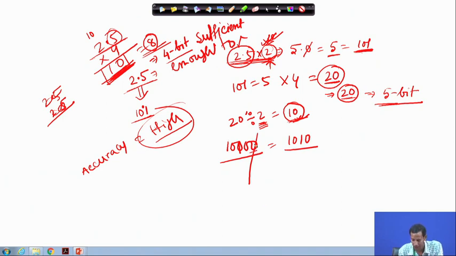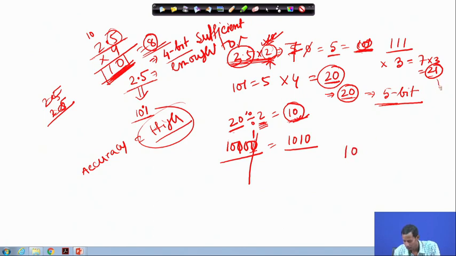But if this bit is 1, say 3.5, which is 7, and 7 is 111, and I multiply this value by 3, then 7 into 3 gives 21.